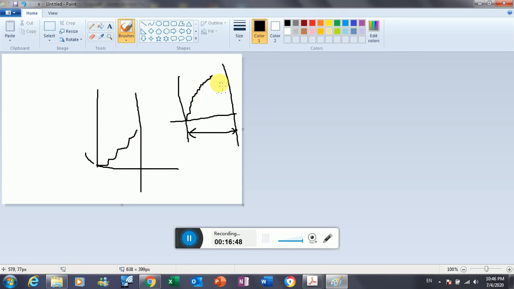So this signal does not satisfy that Dirichlet condition number 3, while this signal satisfies the Dirichlet condition number 3.